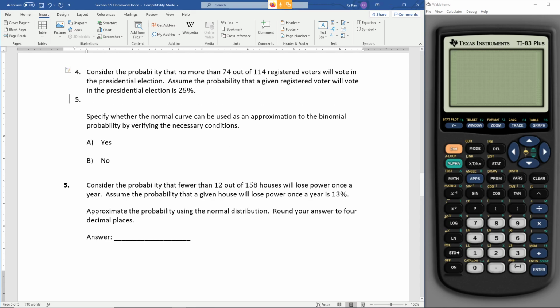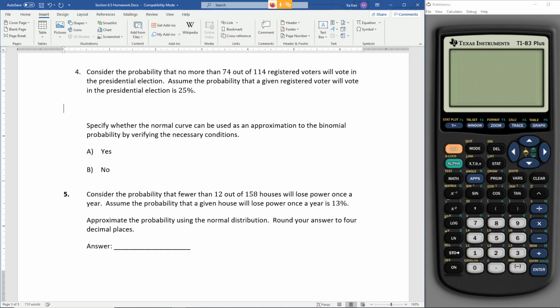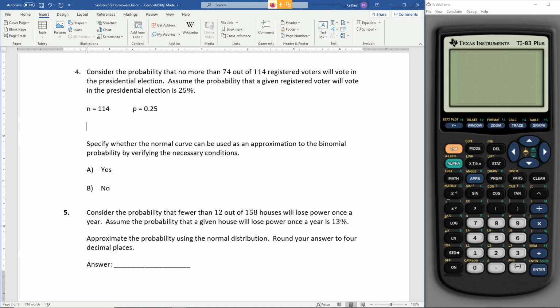So let's try this one. So this one says n equals 114. And the success rate equals 0.25. So let's see what is NP. NP in our case is 114 times 0.25, which is equal to, what is that?